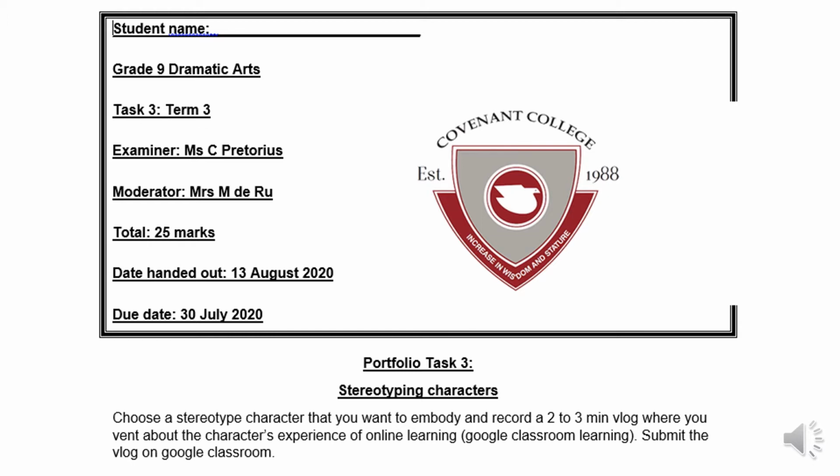Okay, so there it explains to you exactly what stereotypical characters are. So in short, it says a generalized characterization, for example, boring accountant. Okay, so if you may not understand that, stereotypical characters are characters that are boxed in.